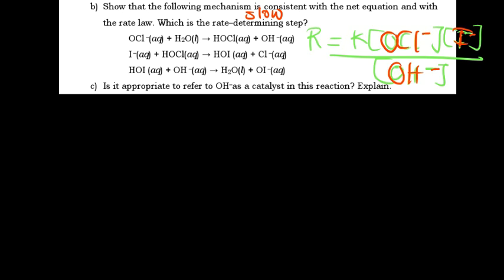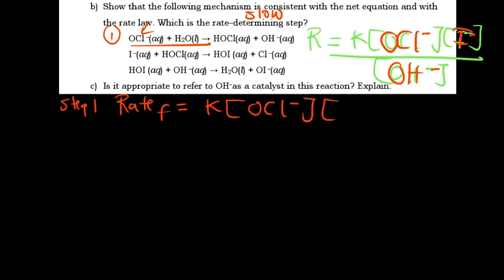Okay, so we have to come up with rate laws for both the forward and backward reactions for the steps that have a species appearing in the rate law. So if you look at the first one, step 1, if we look at the reactants, we can see that the first one is appearing in the rate law. So we're supposed to write the rate law for that one. So the rate law for the forward reaction becomes, we'll write them based on the stoichiometric coefficient, OCl negative and then water.